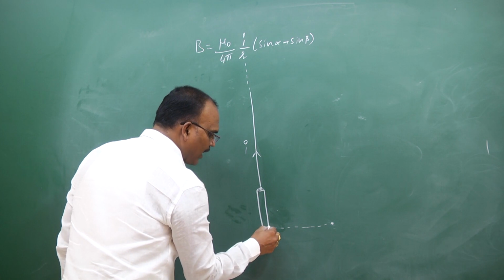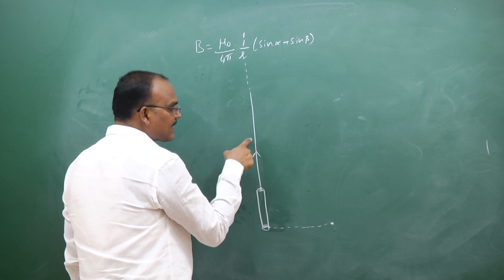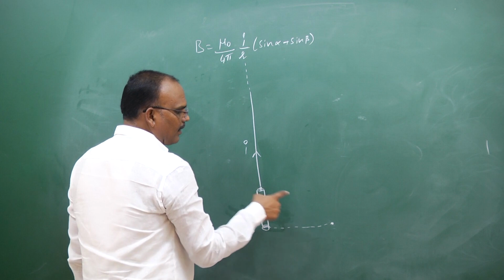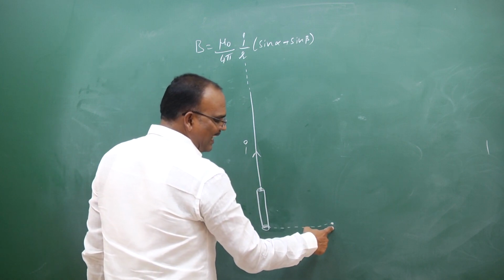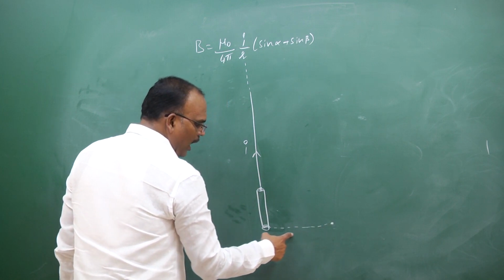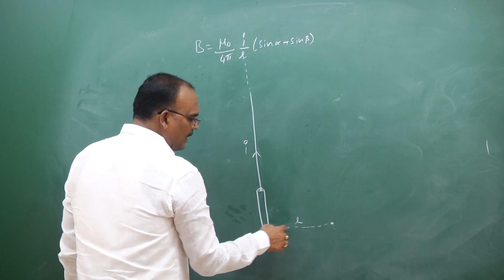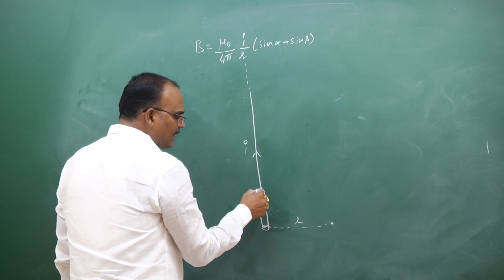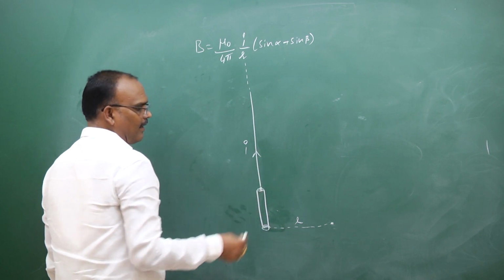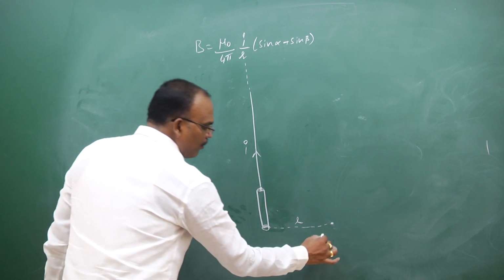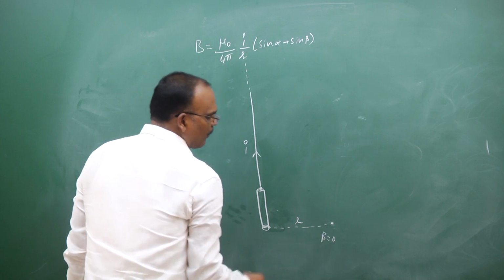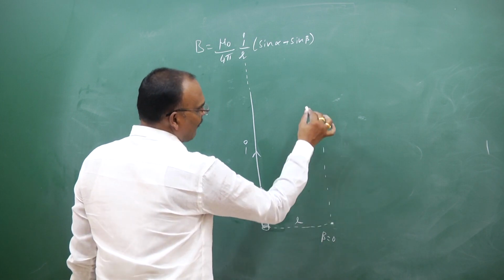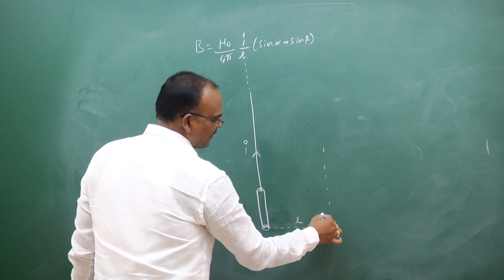This is very important. This is an insufficient length conductor, and here I want to calculate the magnetic field. When I draw a normal onto the conductor, there is no conductor there, so I have joined here and imagined this conductor. Now beta becomes 0, and alpha becomes 90 degrees.